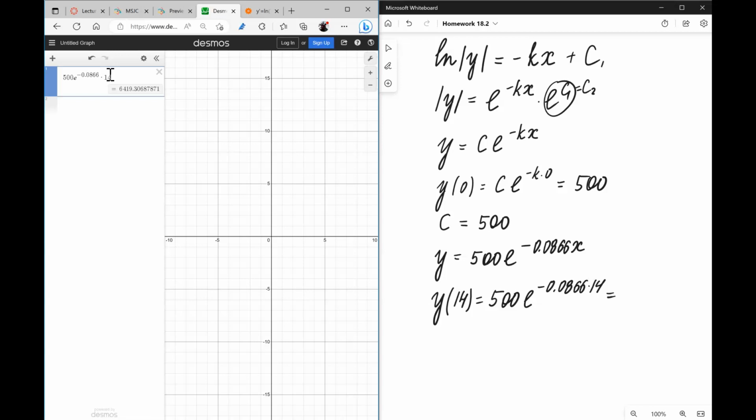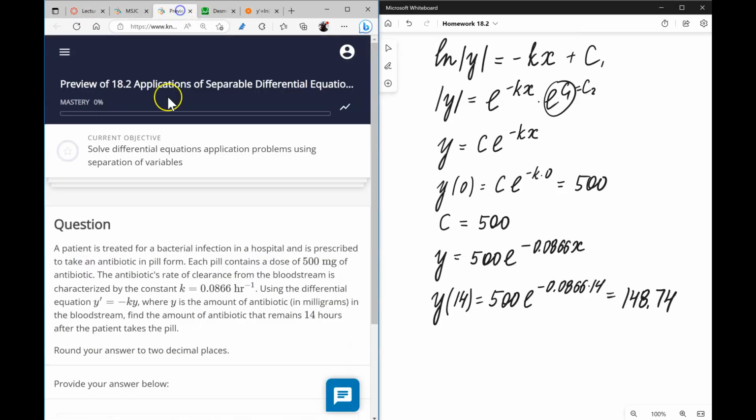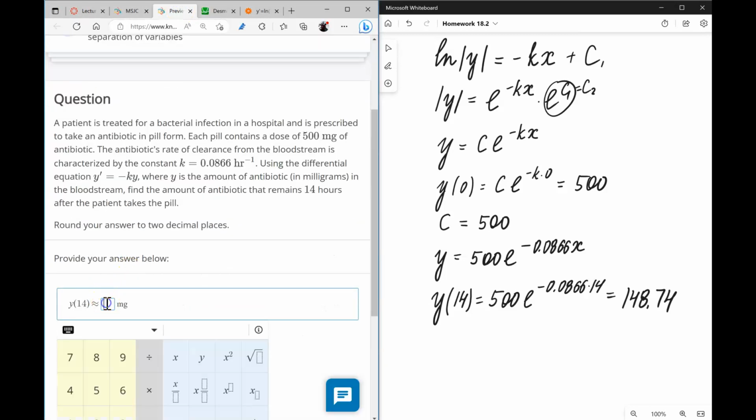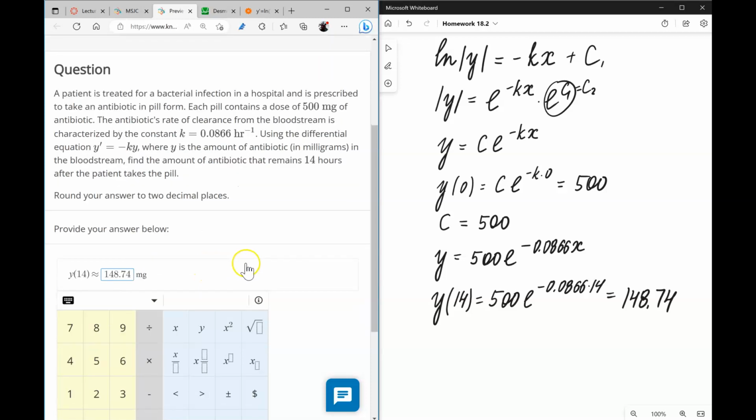And the answer is, that's not the right answer. To find the right answer, we have to probably put 14 right over here. So 148.74 milligrams, I assume, are the units, but let's see. Yeah, so 148.74.